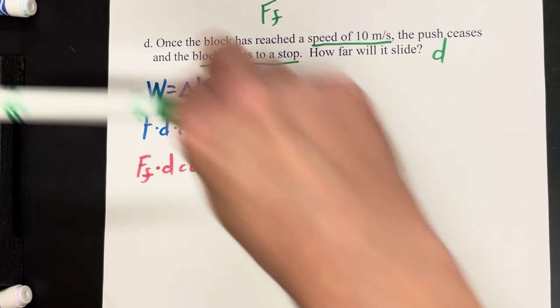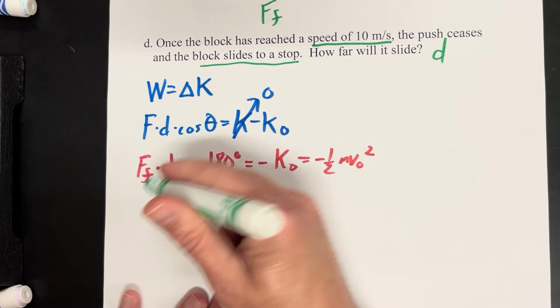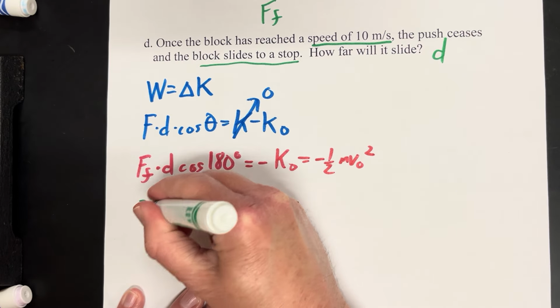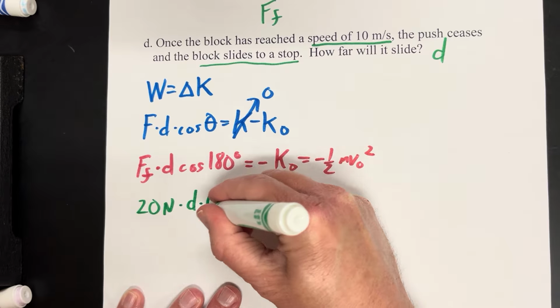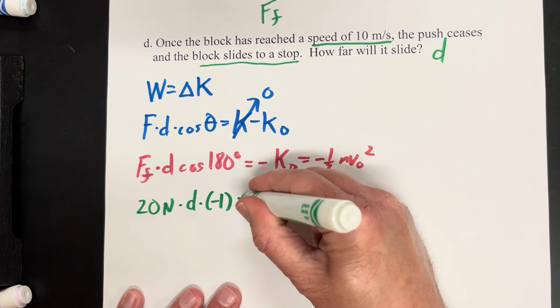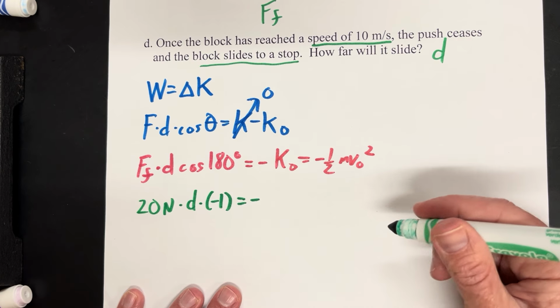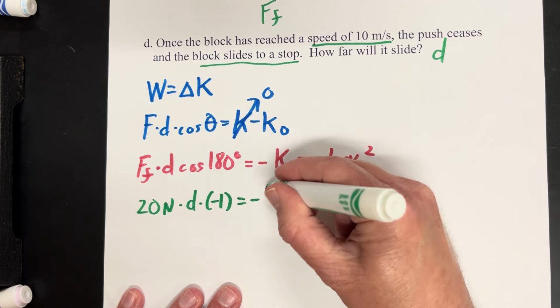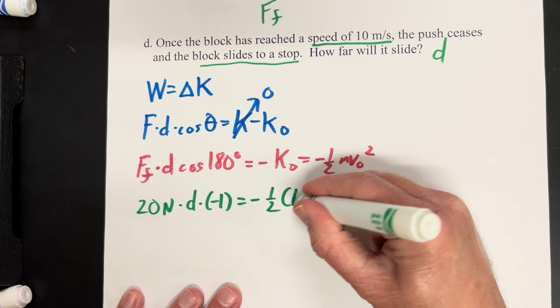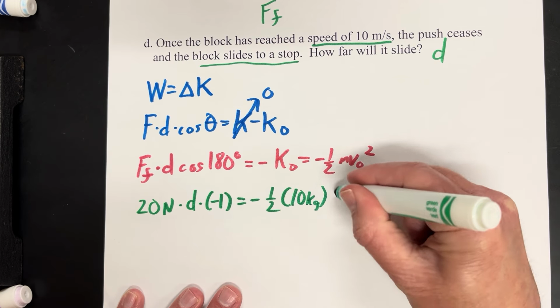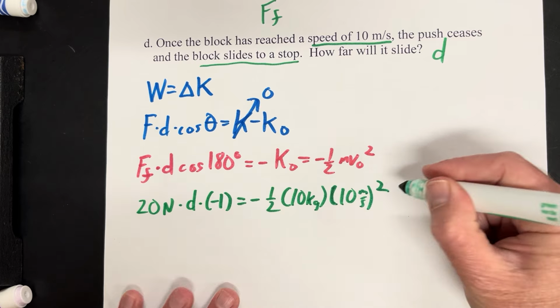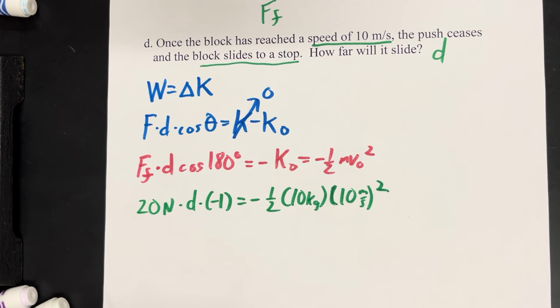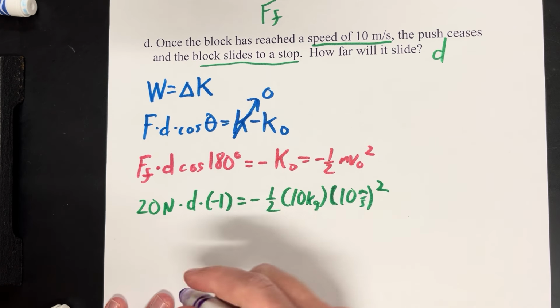Now let's plug in for some of these. We know the friction force is 20 newtons. We are looking for the distance. Cosine of 180 gives you a -1, and that -1 is going to cancel out with the negative right here. So we got 1/2 times the mass of 10 kilograms times the initial velocity of 10 meters per second. Don't forget to square that. So now that negative is gone.